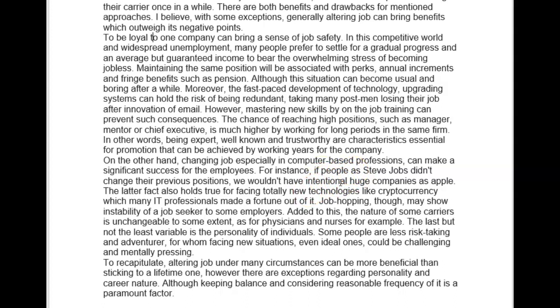So huge international companies such as Apple, and Apple should be capitalized. The latter fact holds true for facing totally new technologies like cryptocurrency, which many IT professionals made a fortune out of. Full stop.